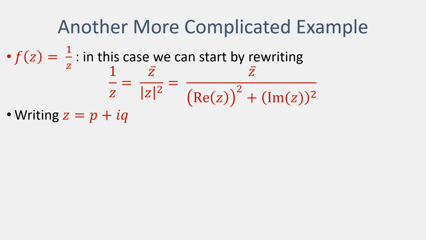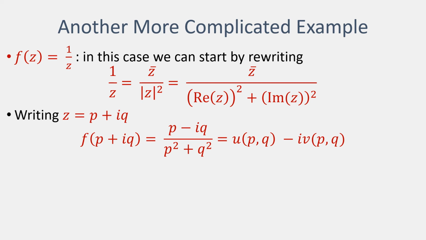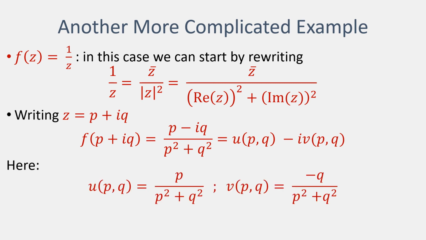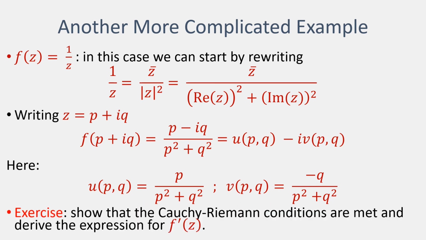So we go back, we write our standard form for the complex number, this structure here, and if we carry out the analysis, what we find from this definition is this corresponds to the function given by complex conjugate divided by the size of the complex number squared, and in this case we have this form for the real part and this form for the imaginary part functions.